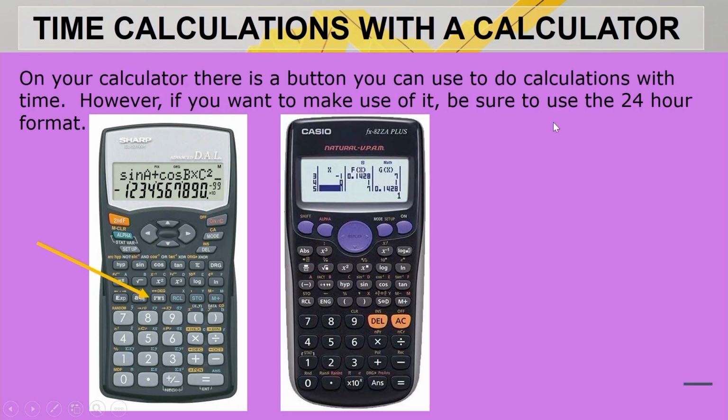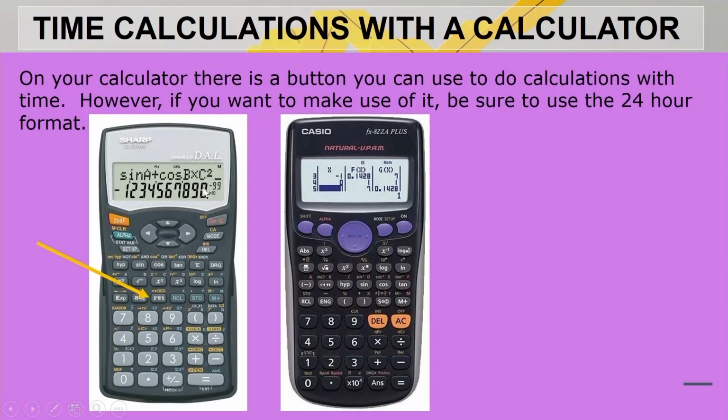Now, the two calculators we use most of the time are going to be the Sharp and the Casio. Believe it or not, on your calculator there's a time button. Well, it's not really a time button, but we call it that because we can do calculations with time on it.